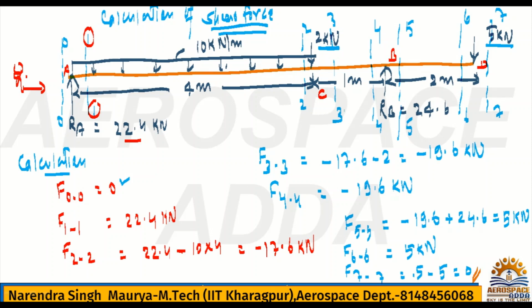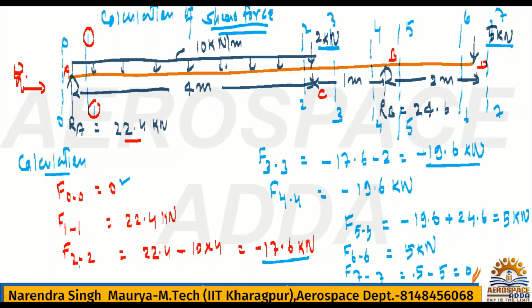At point C means F22 and F33, we have to check. See this, obviously F22 and F33 values are differing: minus 17.6 and minus 19.6.